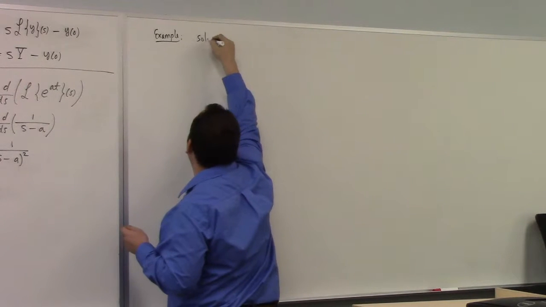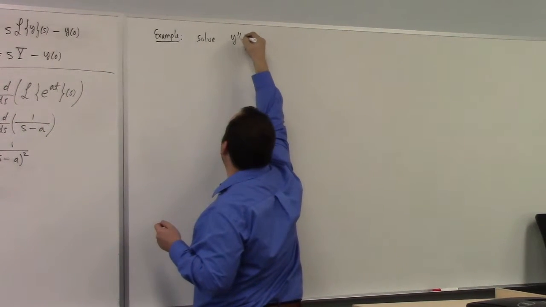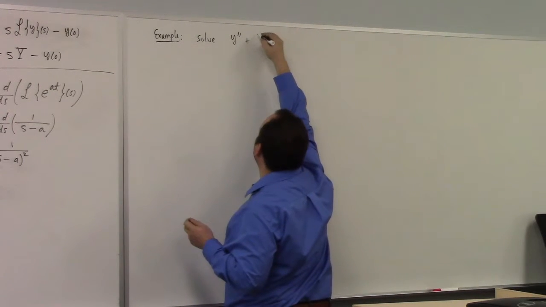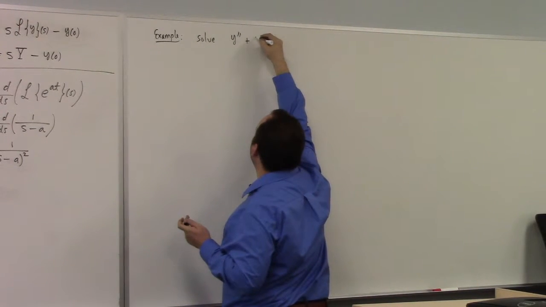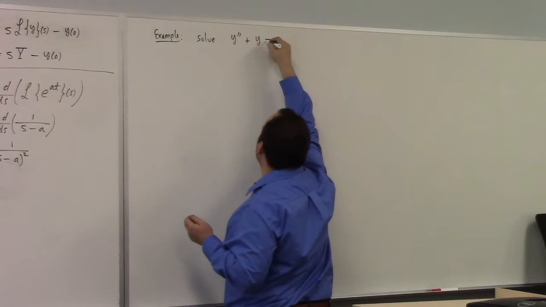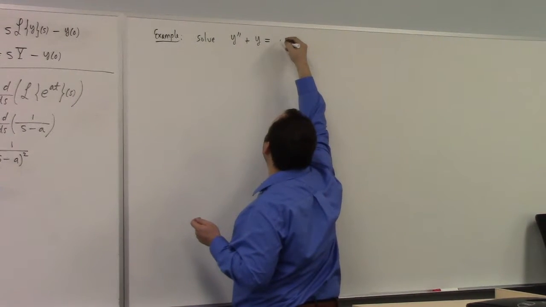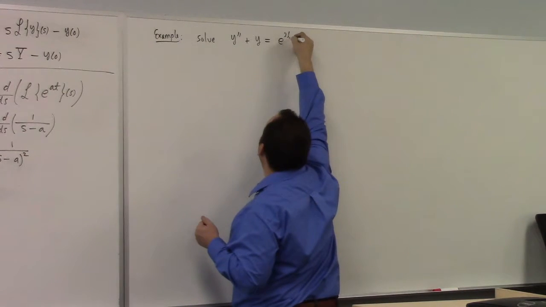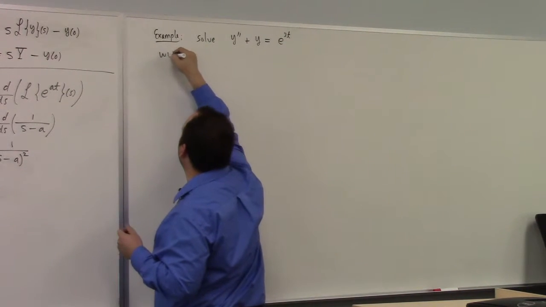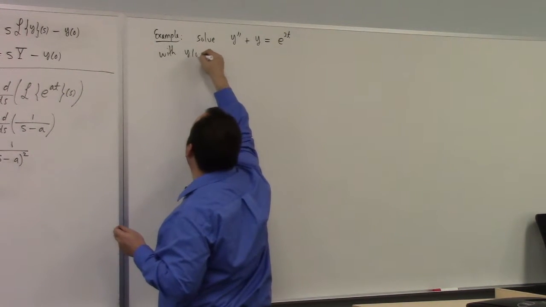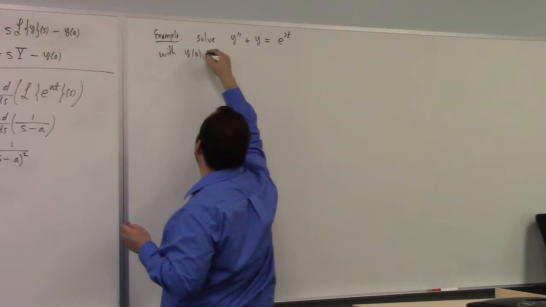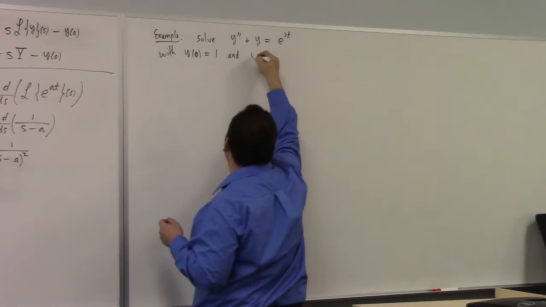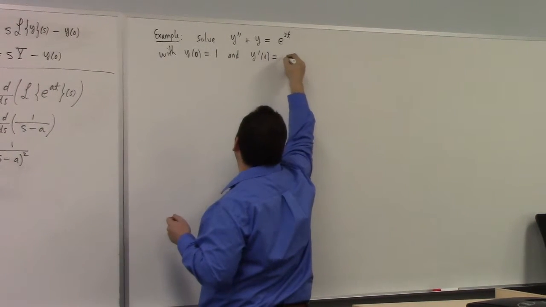Let's solve y'' + y = e^(3t), with y(0) = 1 and y'(0) = 2.